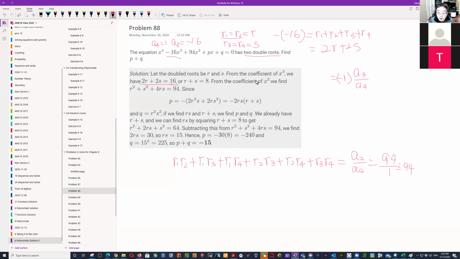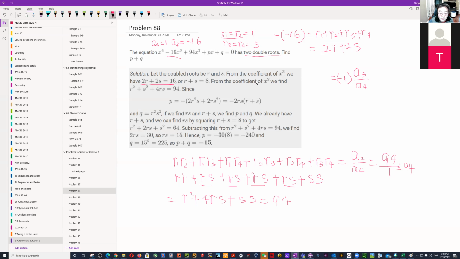And then we can plug in the values. r1 is r, r2 is r, so this is r squared. r3 is s, plus r1r4 is rs, r2r3 is rs, r2r4 is rs, and plus r3r4 is s squared. So if you add them together, I get r squared plus 4rs plus s squared equals 94.